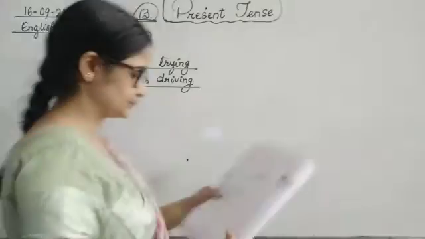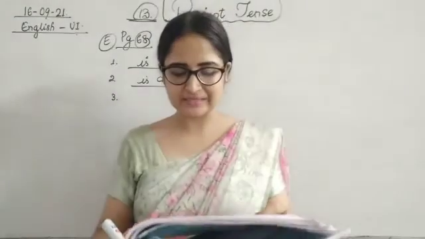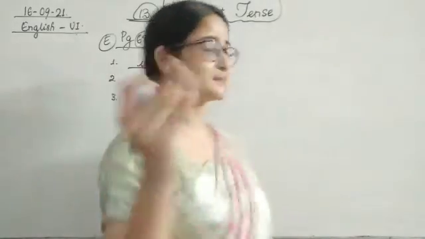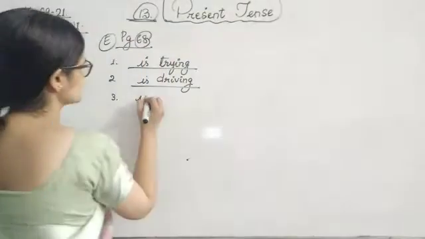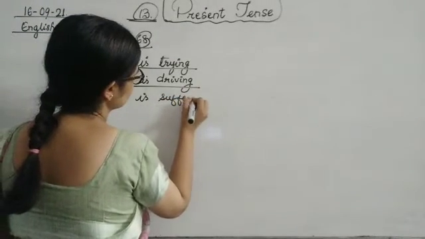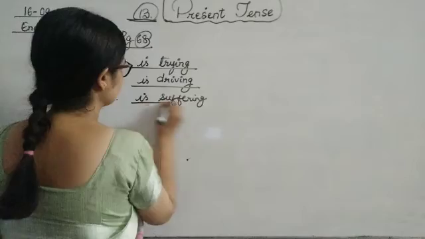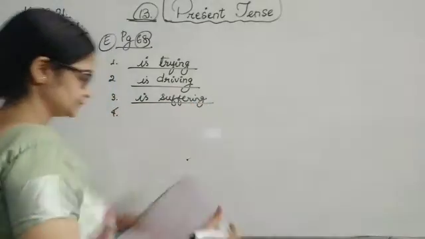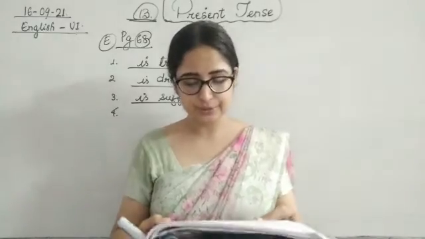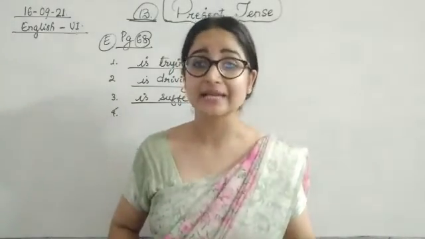Number 3. My friend dash from malaria. Is suffering, because friend is again singular, so is will be used. Is suffering. Number 4. The horse dash down the road. The horse is galloping.